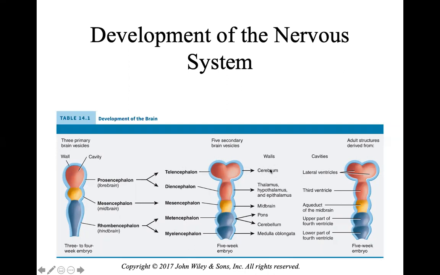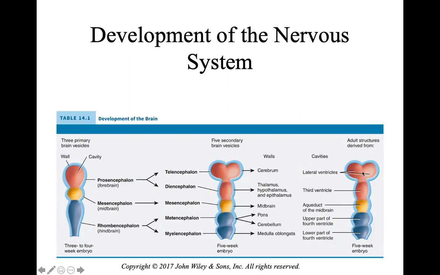We'll be talking about the cerebrum, the thalamus, the hypothalamus, the midbrain, the pons, the cerebellum, the medulla. We'll be talking about the lateral ventricles, which are two. You'll see that there's one in each hemisphere. So there are two lateral ventricles, lateral ventricle 1 and lateral ventricle 2.